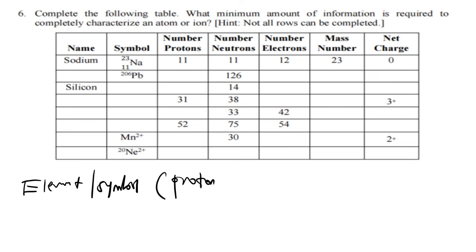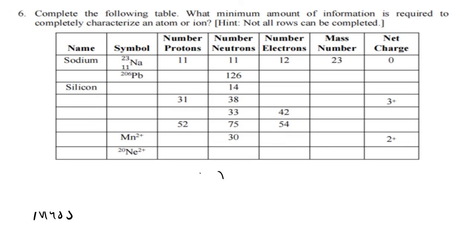Then you're supposed to know the mass number of that element, together with the neutrons. Then you're supposed to know also the charge, the electrons. So these 3 are going to help us fill this table completely.